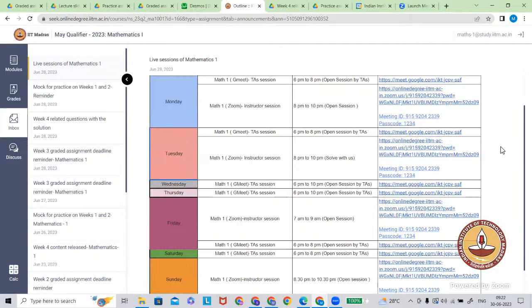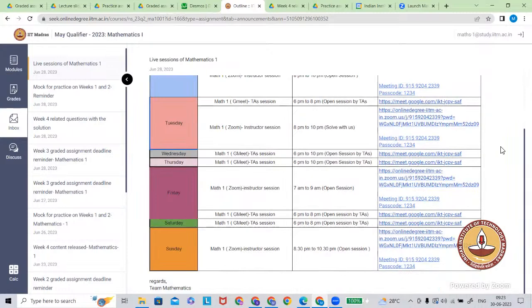Sir, is there any official number for IIT? Every day I'm getting messages. No, there is no such group. I don't think so. If it were there, I would be in it, but I'm not joining any group. Sir, not a group, a number is sending programmed messages.